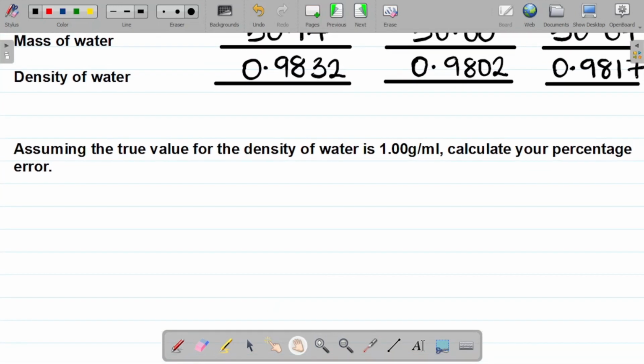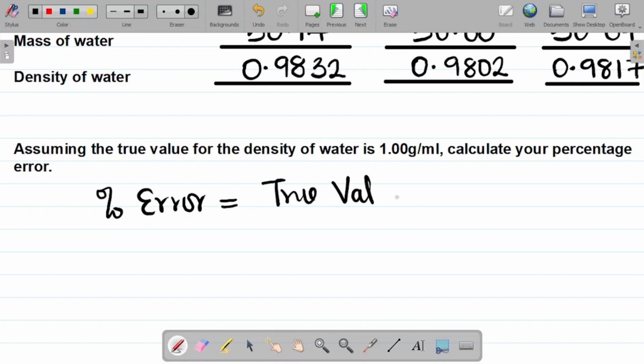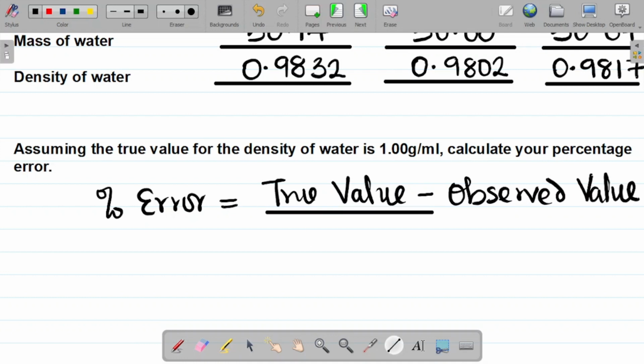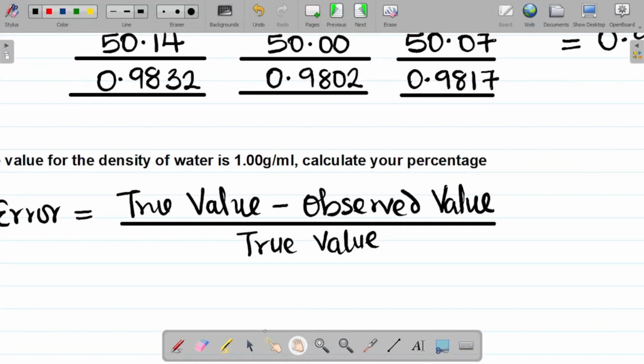Recall that the formula is true value minus observed value, all over true value, times 100%.